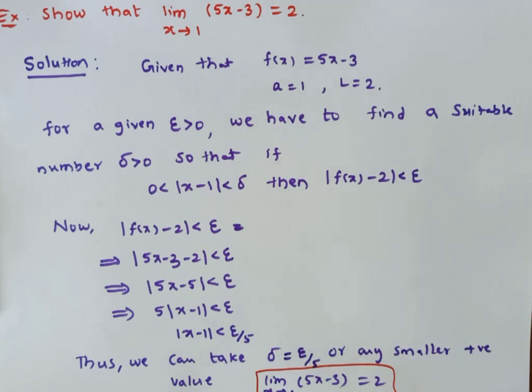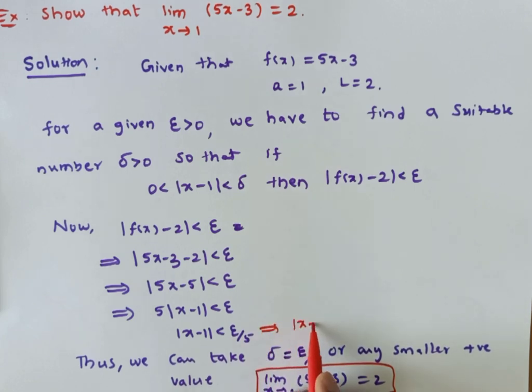For that, you just consider this epsilon inequality and show it in the form modulus of x minus 1 is less than delta, where delta is equal to epsilon by 5. Hence it is proved.